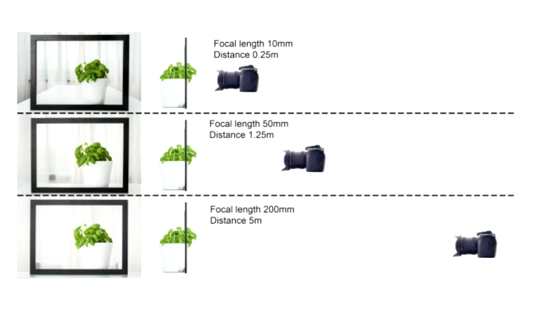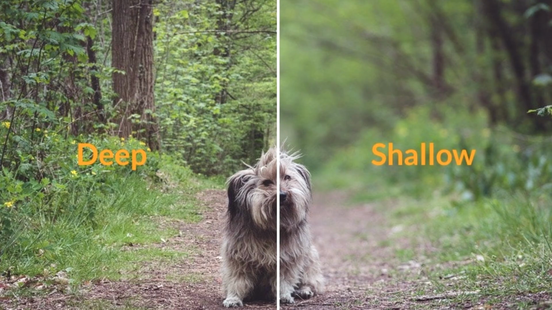Distance to subject: the closer you are to your subject, the shallower the depth of field will be. This is why macro photography often has very shallow depths of field, with only a small part of the close-up subject in sharp focus.